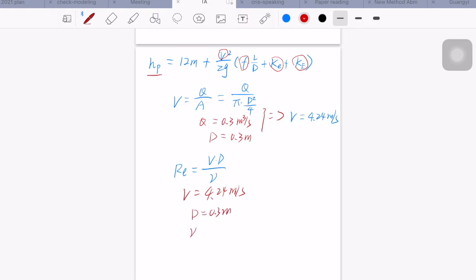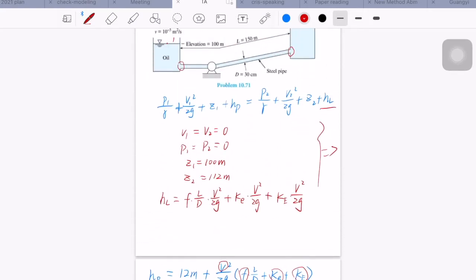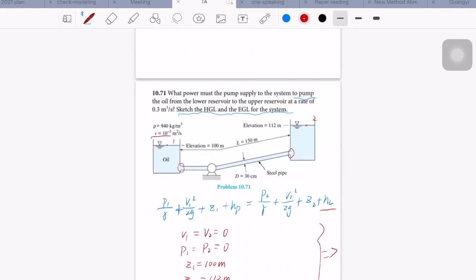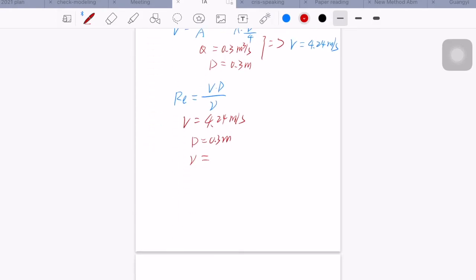The nu is 10 to the power of negative 5 square meters per second. We can determine the Reynolds number is 1.27 times 10 to the power 5.